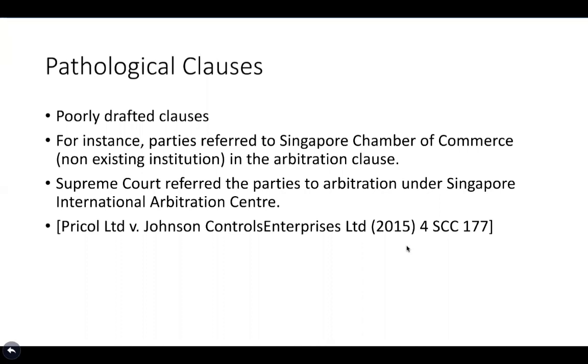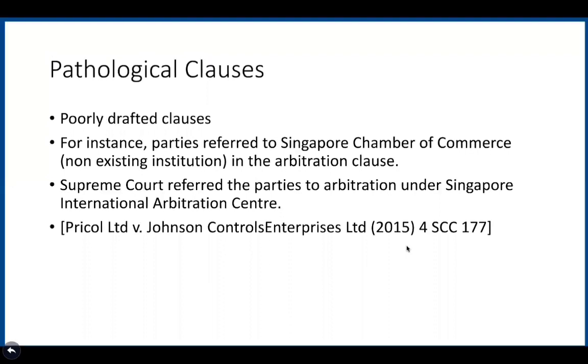However, the Singapore Chamber of Commerce is not an existing institution, and this issue goes to the court. In one of the cases, the Supreme Court referred the parties to arbitration under Singapore International Arbitration Center and actually held that this clause was workable, and therefore the intention to arbitrate should be given effect. So that's about pathological clauses.